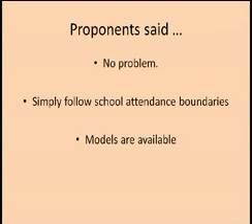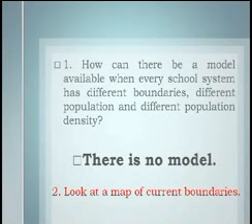When asked about the potentially volatile issue of drawing lines for the 7 wards, a proponent spokesperson said there was no problem. They would simply follow school attendance boundary lines, and that there were models available from other places to do this.